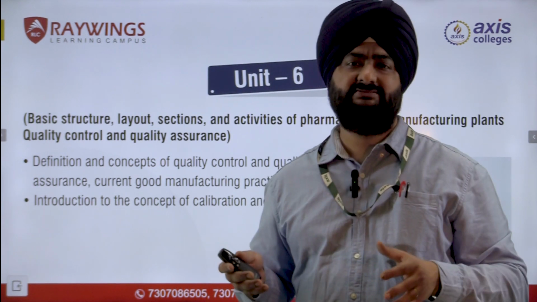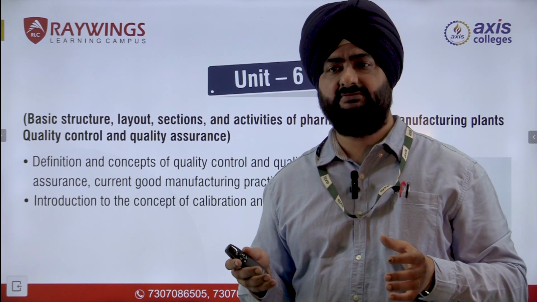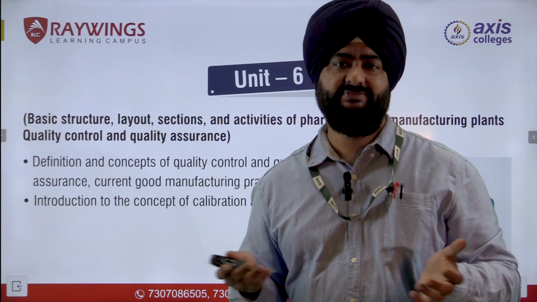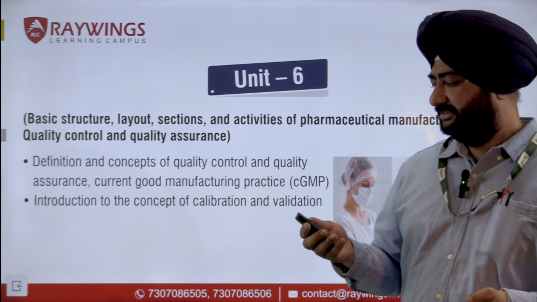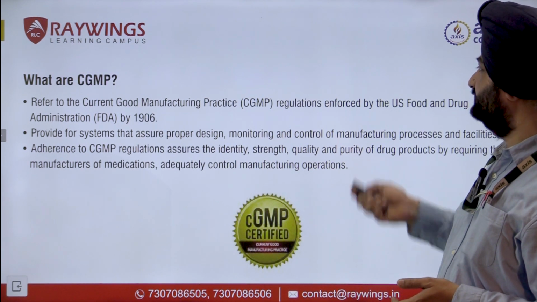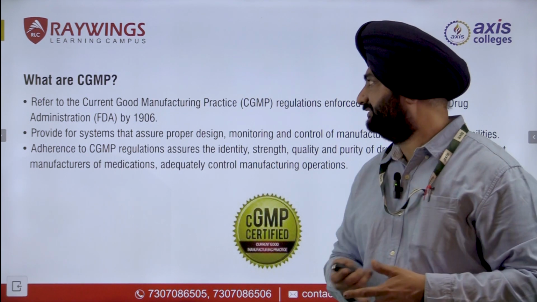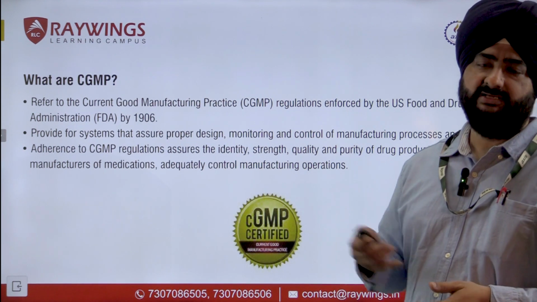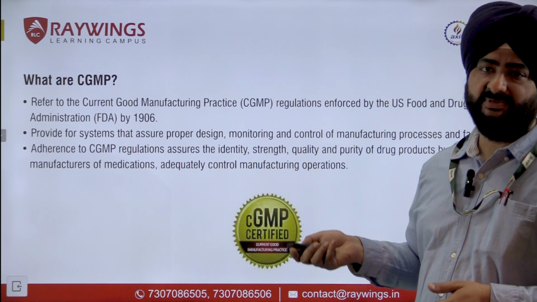So there are various criteria for establishing any production unit, which come under the category of CGMP that we're going to cover. This is the definition of CGMP. It came in 1906 by USFDA.